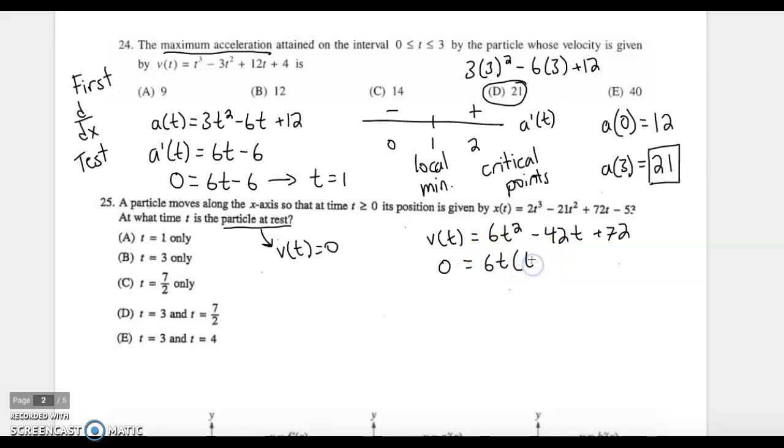So then I'll have t squared minus 7t plus 12. Wonderful. And then that factors into (t minus 4)(t minus 3), and so my particle would be at rest at 3 seconds and 4 seconds because my velocity equals 0.